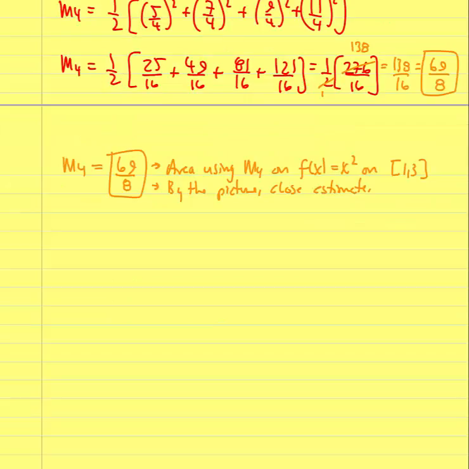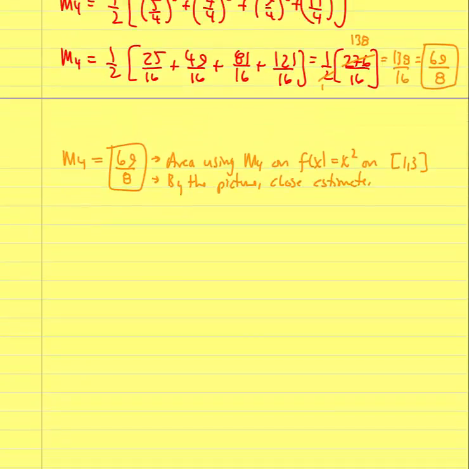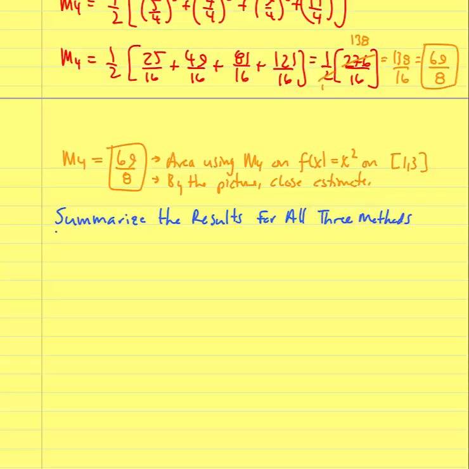Okay, now let's summarize the results from all three methods. So we've been working at this a while. You might want to remember what we were even trying to do a while ago. So we're doing 3 methods. Now remember, our right endpoint, if I remember correctly, we thought was an overestimate.